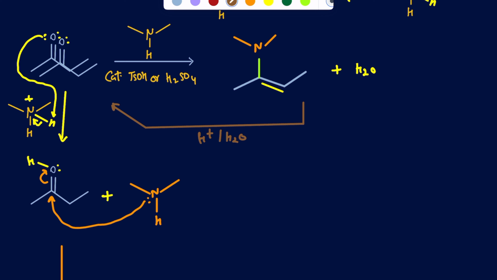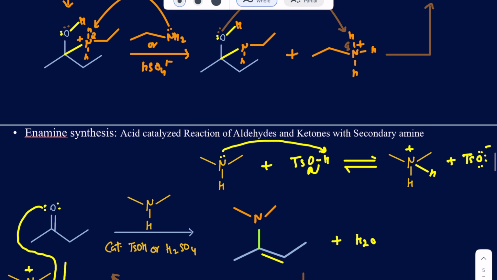When I'm using a lot of water, it shifts the equilibrium to the reactant side, and this will end up making a ketone and a secondary amine here. I don't know why this is drawn twice here. Okay, so this is what it's going to look like for the enamine synthesis.